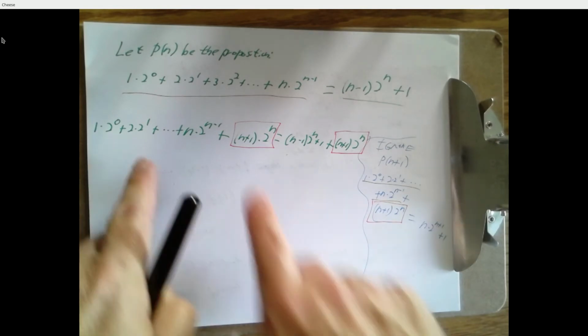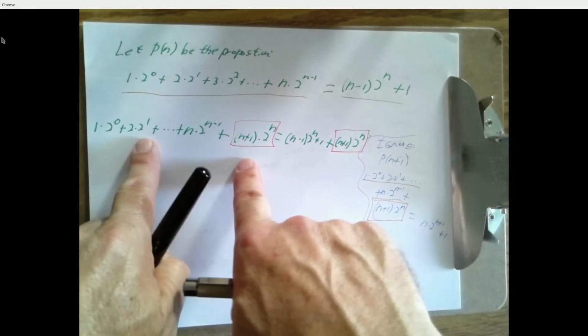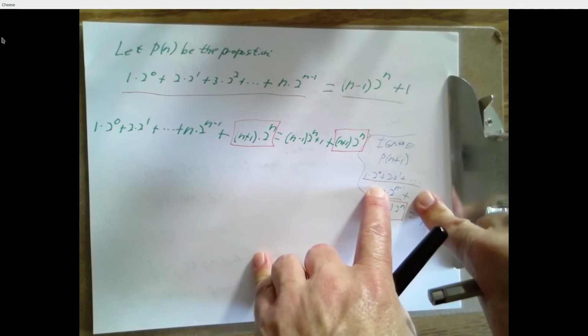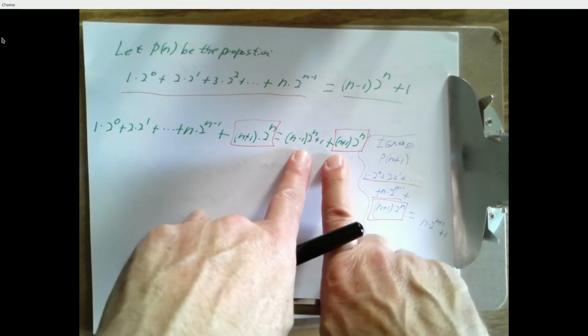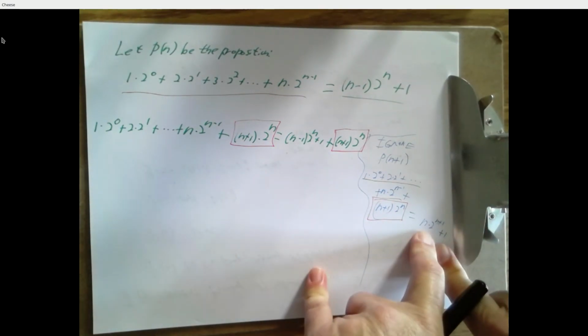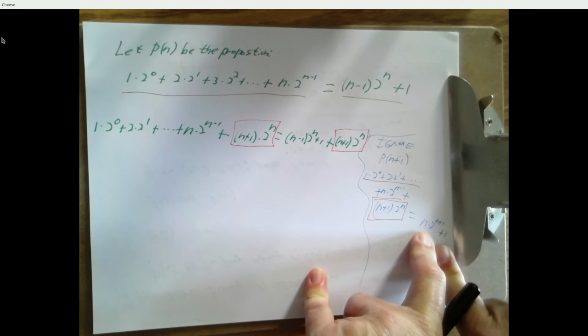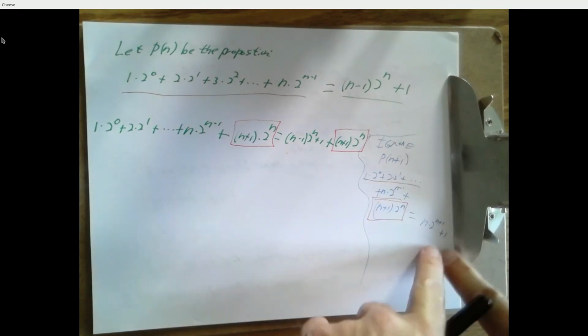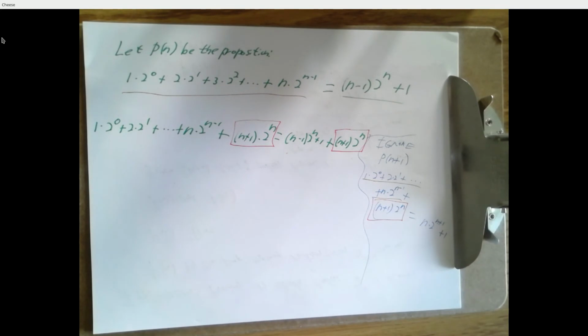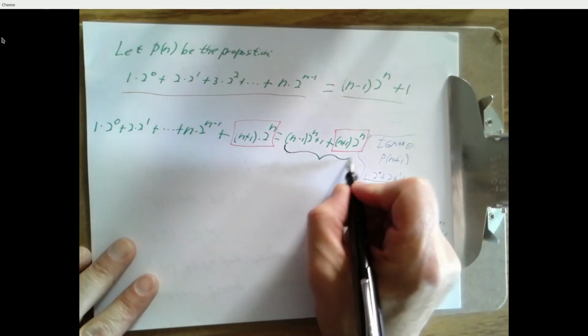So now we've shown that this is equal to that, and this matches the left side of P of n plus 1. If we could somehow turn this right side into the right side of P of n plus 1, we're done. Then we've shown that this is equal to that, and that's P of n plus 1. So let's work on this.